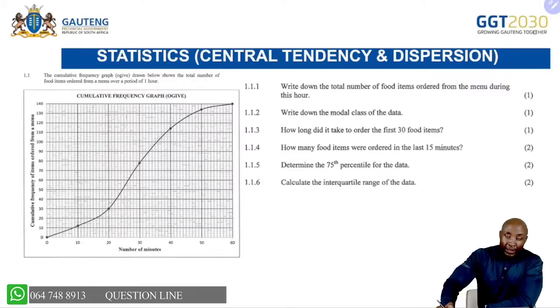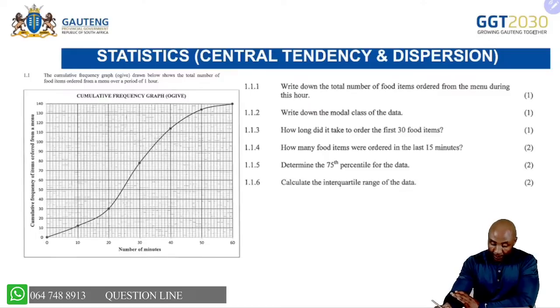Again, this work we did in grade 11 and most of us have forgotten it. An ogive, a cumulative frequency graph.